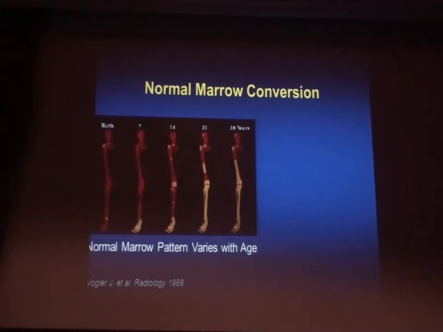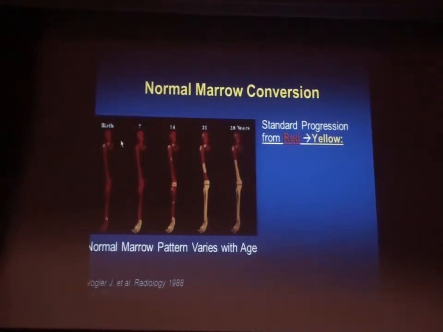One of the normal processes that you'll probably hear more about later today is the process of normal marrow conversion. So at birth, bone marrow is filled with predominantly hematopoietic marrow, and then over the period of maturation through adulthood, there's conversion to yellow fatty marrow. And it follows a very standard progression from red to yellow.